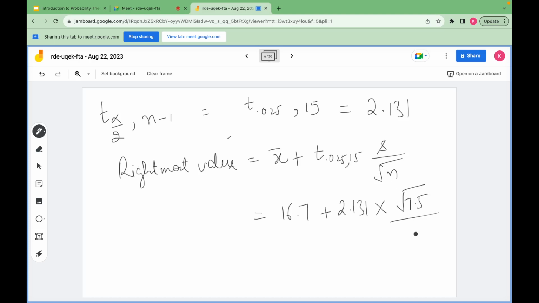N is 16, so root n is 4. So this value will come out to be 18.16. This is the higher quantity, the largest quantity of the range, the rightmost quantity. So this was asked in the question.